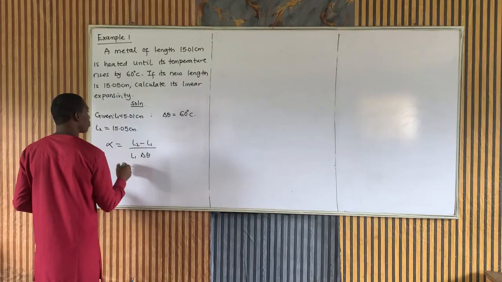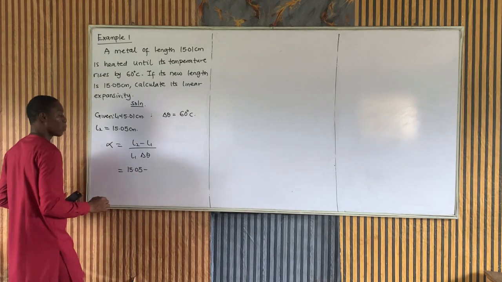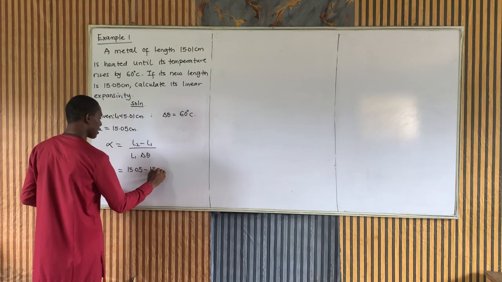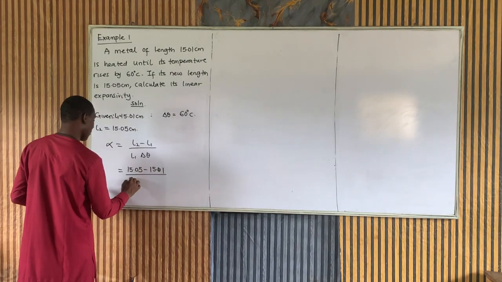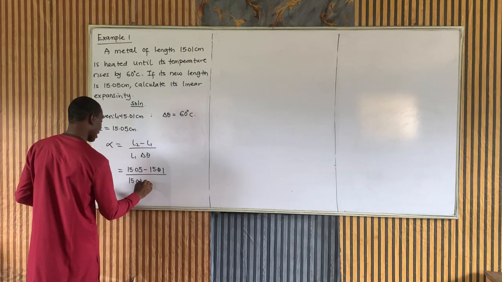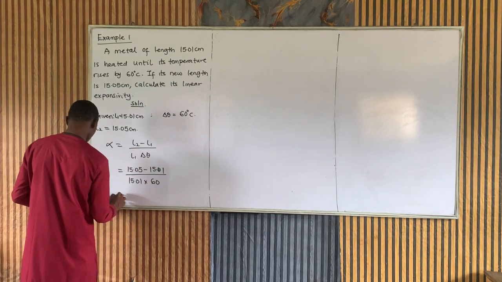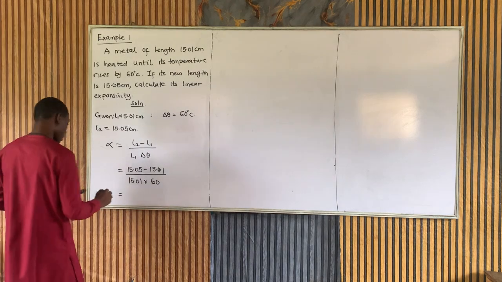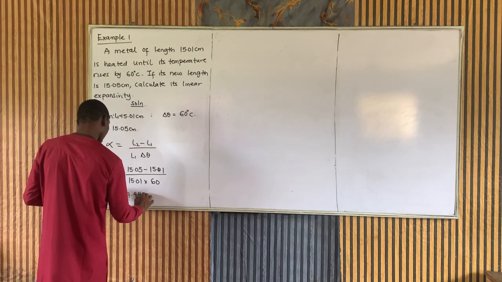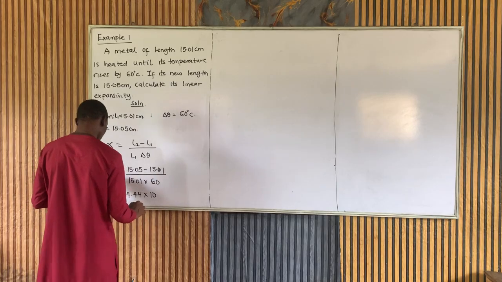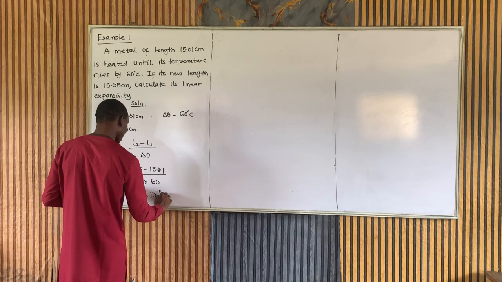So our L2 is given as 15.05, minus L1, which is 15.01, over 15.01 times temperature change, which is 60. Let's quickly do that now. This will give us 4.44 times 10 raised to power minus 5 per degree C or per Kelvin.